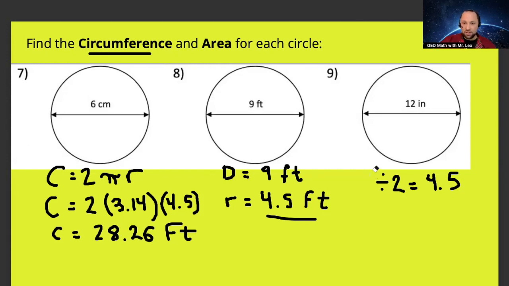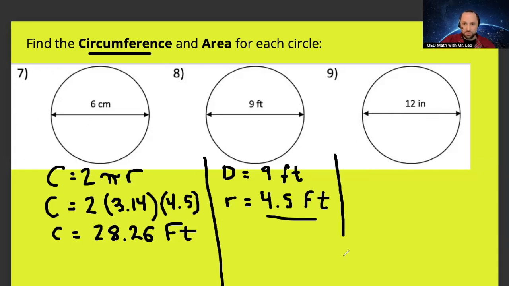Let's do the area. I'm going to erase this note over here. I'm going to keep the information in the center, though, because these are the numbers we're going to need. So we're still on number 8. We're doing area. Start with the original formula. A is pi r squared. All right.